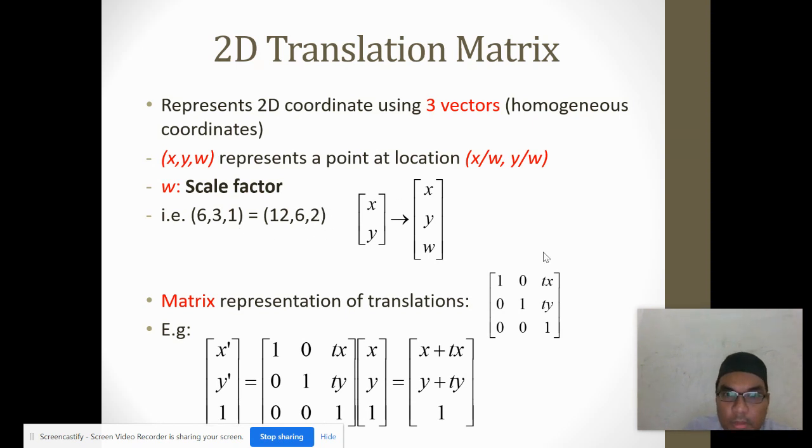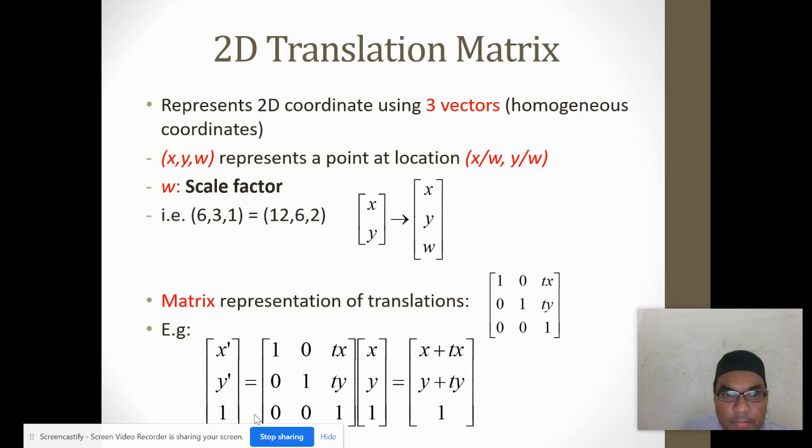If we involve a translation only, we can just set the scale factor to 1, unless you involve a combination of transformations, translation and scaling, then we can use a scale factor of 2, 3 and so on.